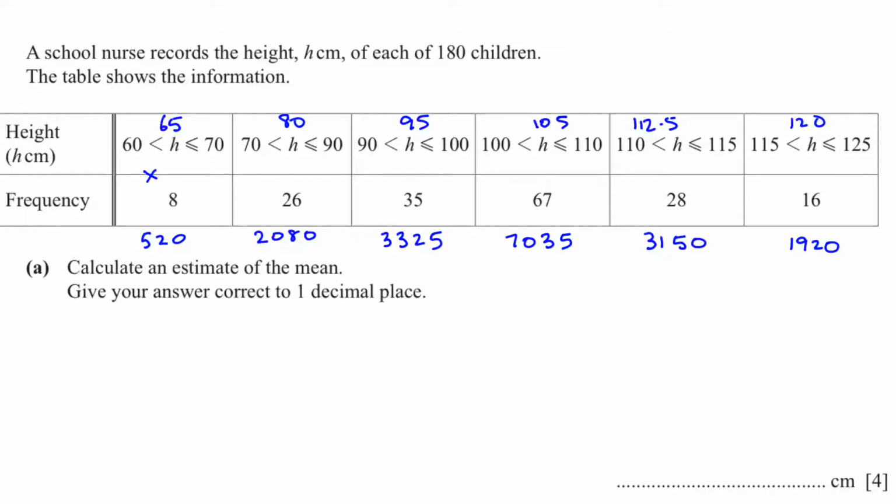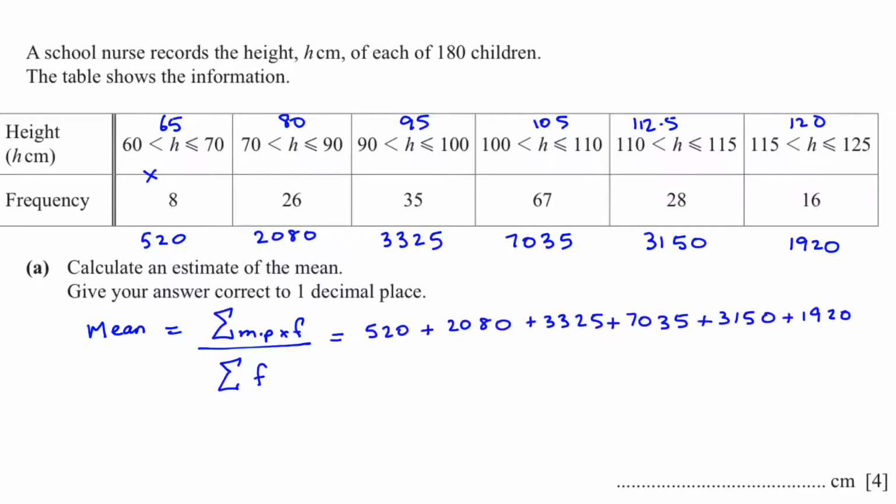To get the mean, we want the sum of the midpoint multiplied by the frequency over the total frequency. So that means we have to add all these numbers, 520 plus 2080 plus 3325 and so on, and divide it by the sum of the frequency.